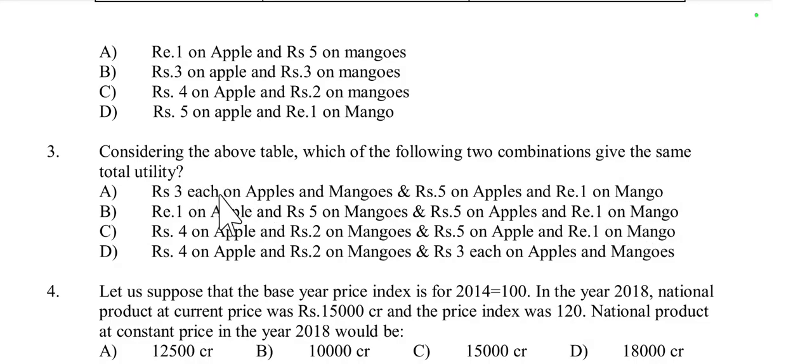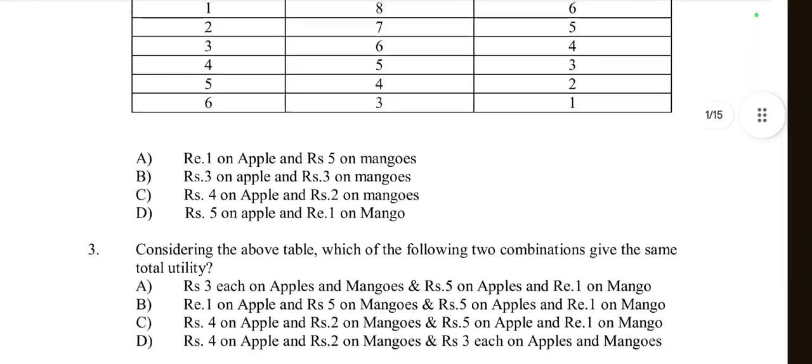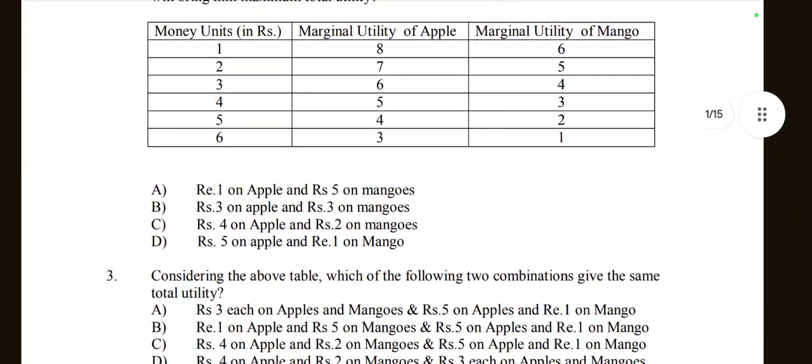First, 3 on both apple and mango gives 8, 7, 6, which is equal to 21, plus mango's total utility 6, 5, 4.